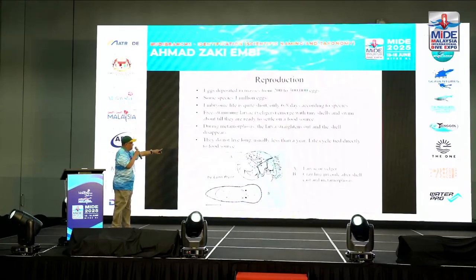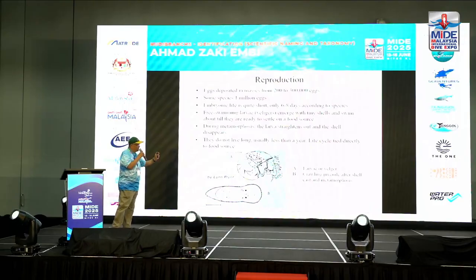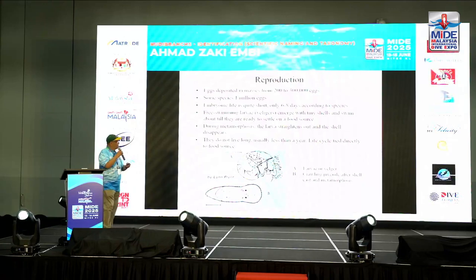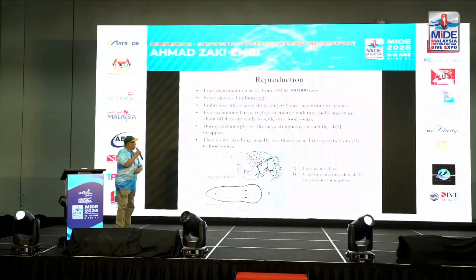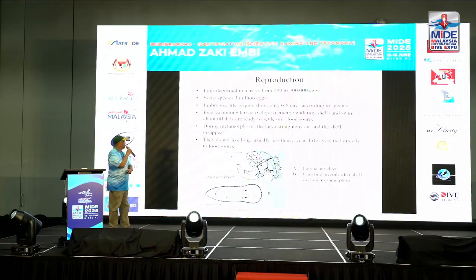The shell disappears; there's usually a small shell, that's why it's a snail. Then it becomes a juvenile nudibranch. Again, the life cycle is tied directly to the food source.